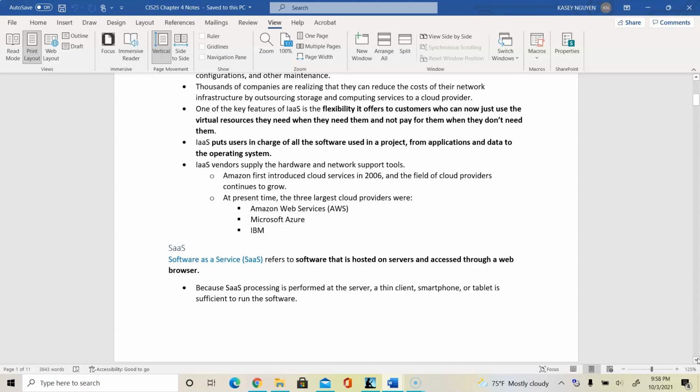Also, mobile devices like smartphones and tablets will be utilizing software that can be distributed from the cloud, which incorporates SaaS.